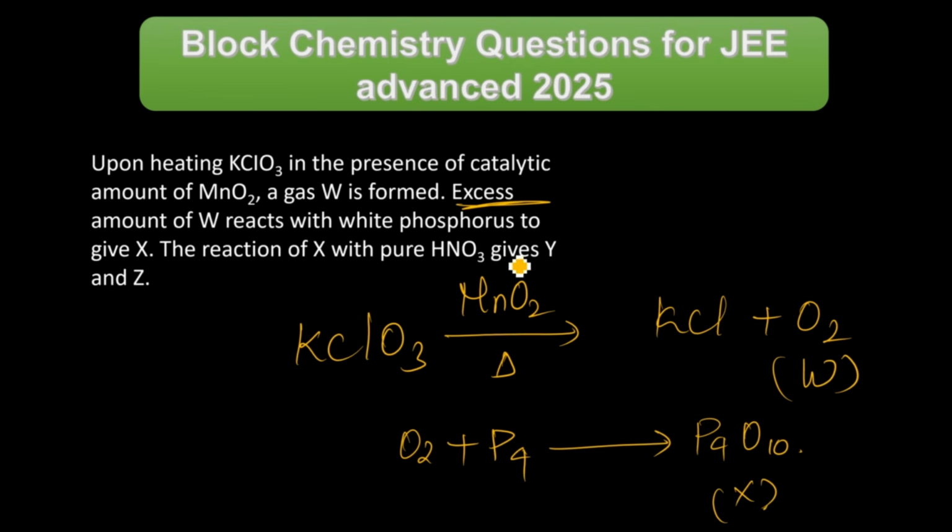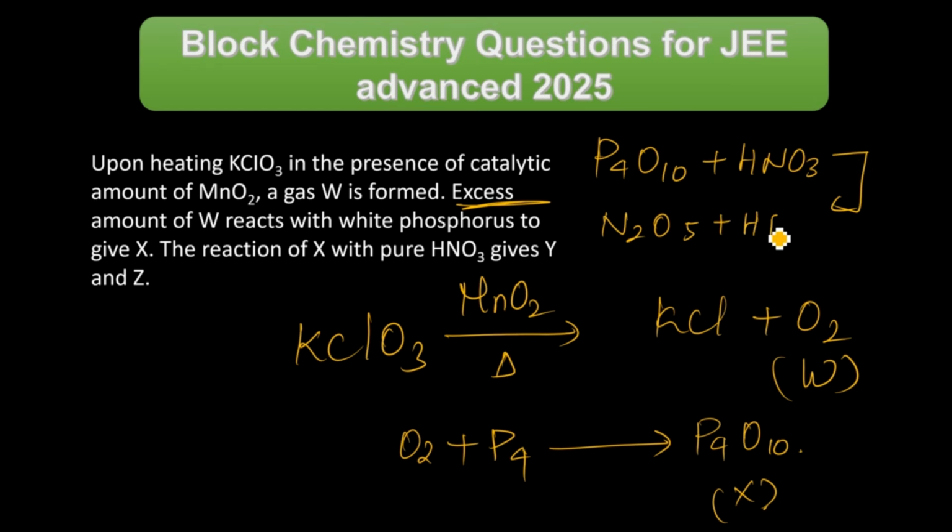X with pure HNO3 gives Y and Z. So P4O10 with HNO3 gives N2O5 and HPO3. Okay, so this is producing Y and Z. Let's see the questions.